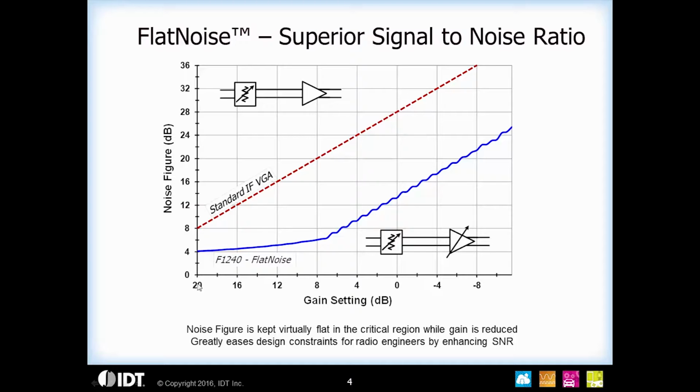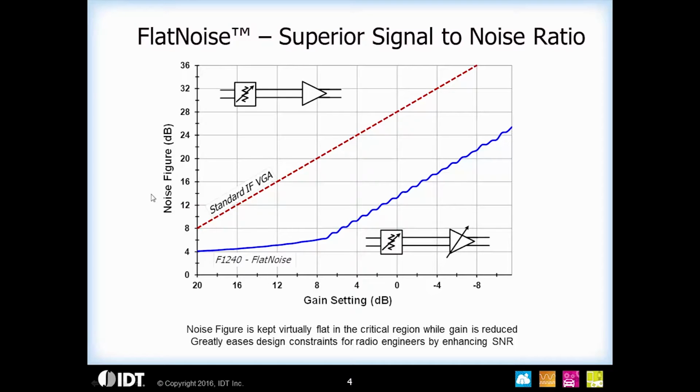Going from 20 dB to 12 dB gain, the noise figure degraded from 8 dB to 16 dB. So there is a dB for dB degradation in noise figure as you reduce the gain of a variable gain amplifier. Now, as you know, this is not good because you're degrading the system signal to noise ratio.